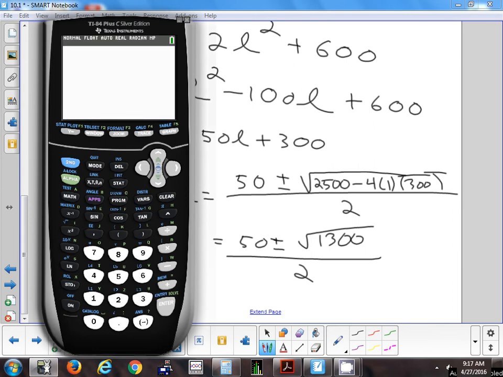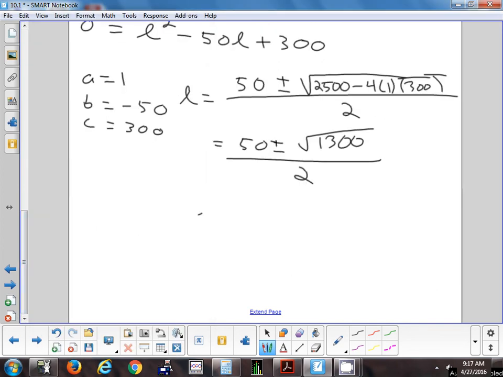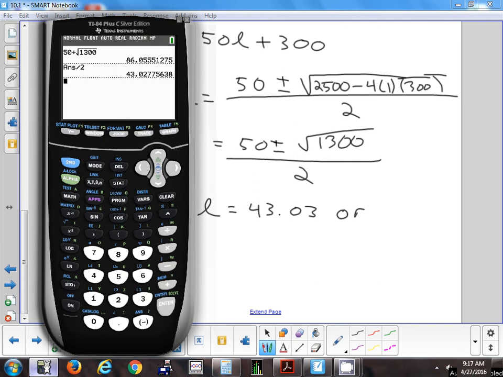All right, so let's try 50 plus the square root of 1,300. Yeah, I'll just do that part first. And divide by 2. So one possible answer for my length is 43.03. Or, instead of doing 50 plus the square root of 1,300, I can do 50 minus the square root of 1,300.